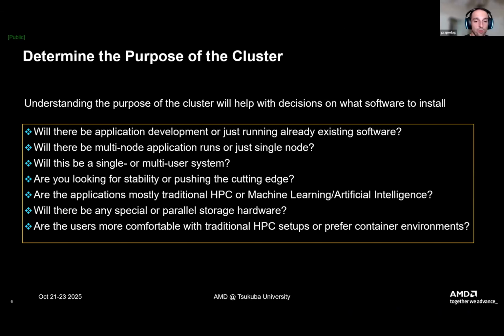Do we want to always have the latest versions, or do we prefer stability? Is this going to be mostly HPC, or will there be any AI as well? All these questions contribute to shaping the software stack and the approach that you might want to have in your software on the cluster.